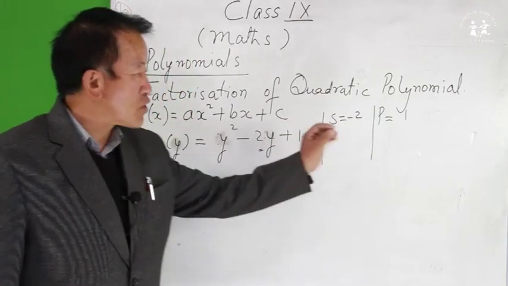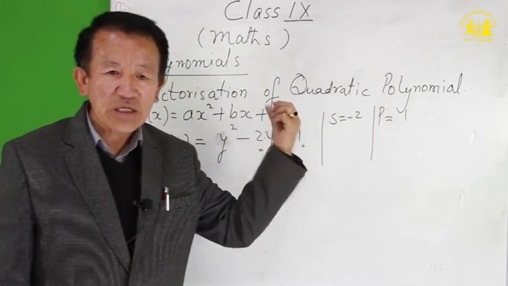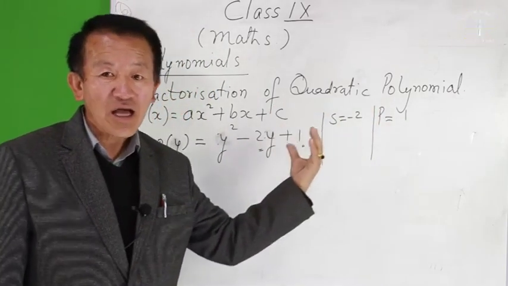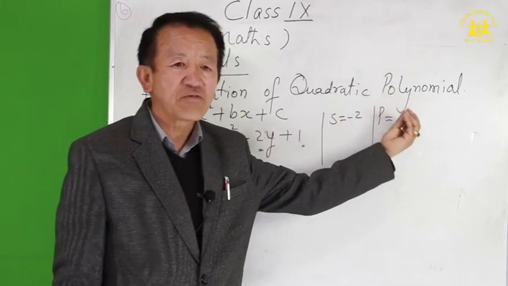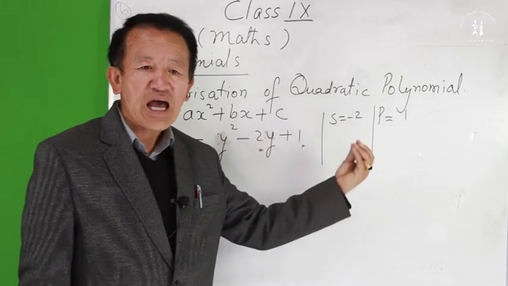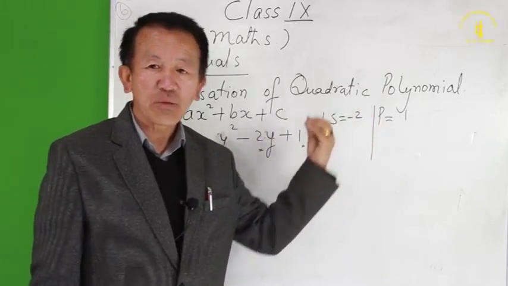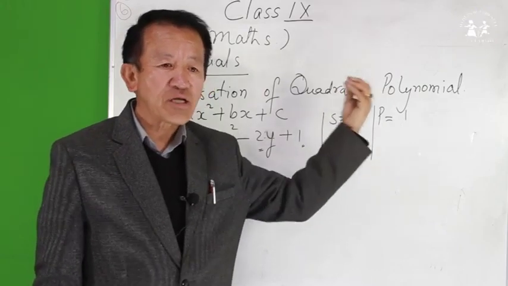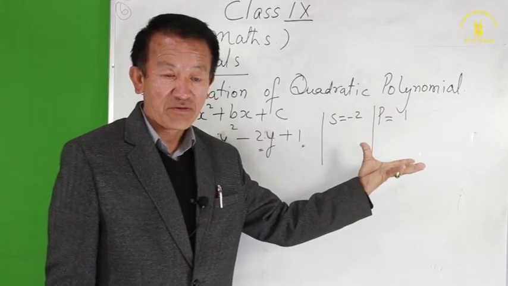Now if the product is positive, then what we can conclude regarding the sign of two numbers is that the two numbers will carry the same sign. That means either both the numbers are positive or both the numbers are negative.